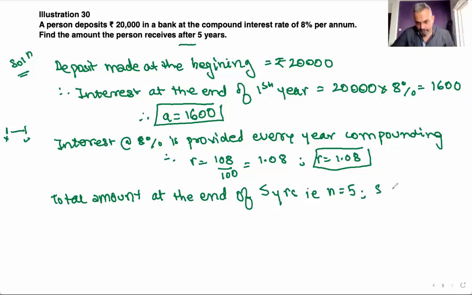So S5 is what we have to find. So Sn is equal to A into R raised to n minus 1 upon R minus 1.